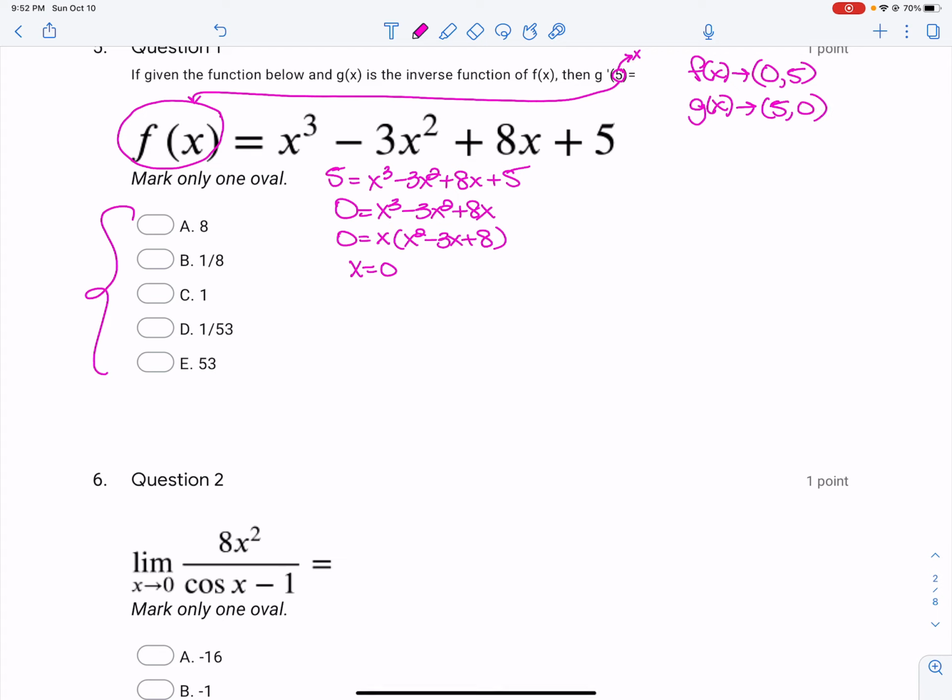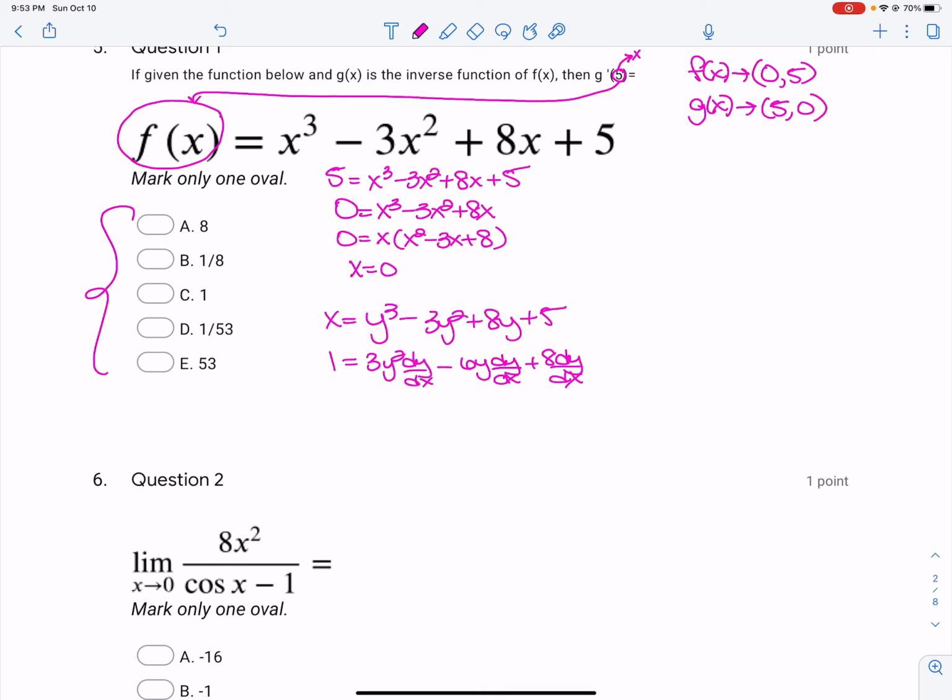Okay, so again, I wanted to find the derivative of the inverse function. So x is equal to y cubed minus 3y squared plus 8y plus 5. And then I take the derivative. So 1 is equal to 3y squared dy/dx minus 6y dy/dx plus 8 dy/dx.